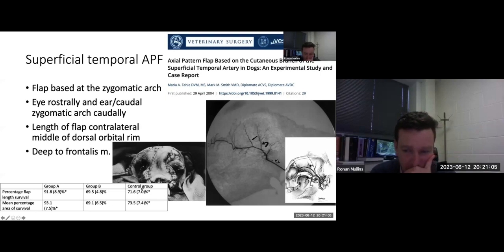The control group, similar to that previous study I showed you with the genicular, is where they created the exact same flap, but they actually ligated the cutaneous branch of the superficial temporal. And then Group B is where they extended further than what is recommended, all the way across to the contralateral zygomatic arch.